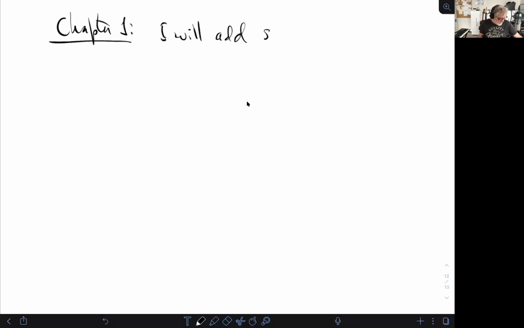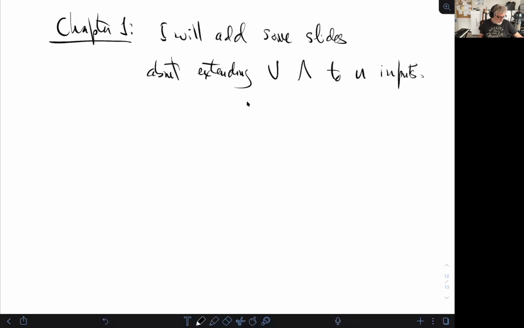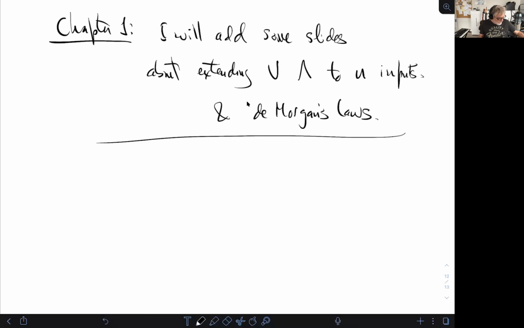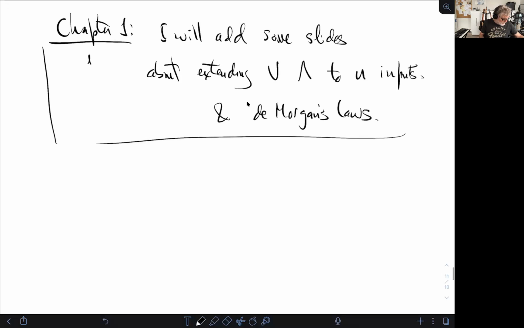So I will add some slides about extending or and and to n inputs. And I'll talk about De Morgan's laws too. So I should have talked about that and I didn't. This is in section 1.3.